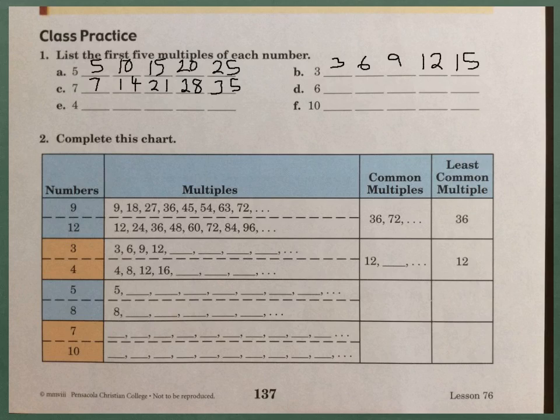D, our multiples for 6 would be 6, 12, 18, 24, 30. E, our multiples for 4 would be 4, 8, 12, 16, 20.